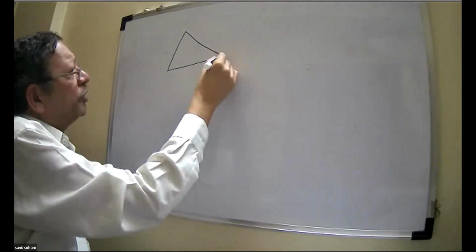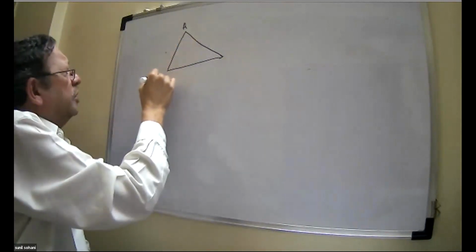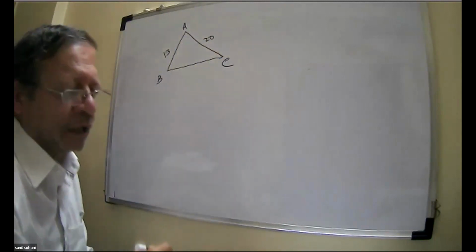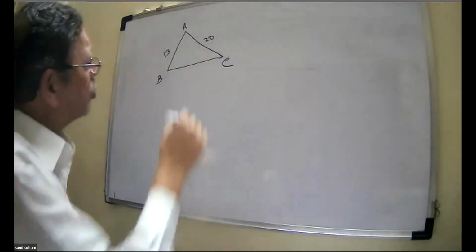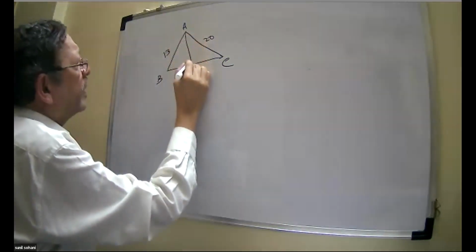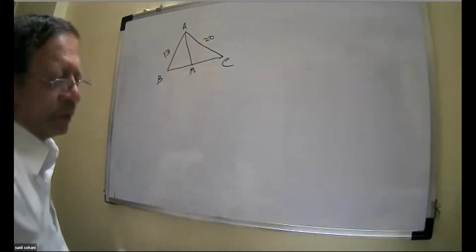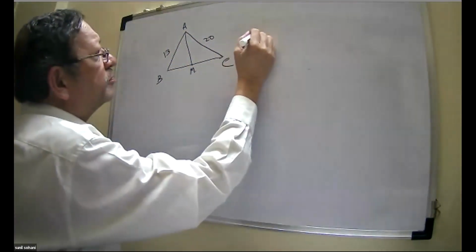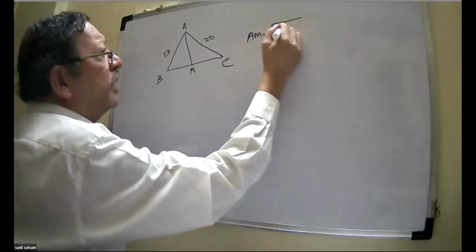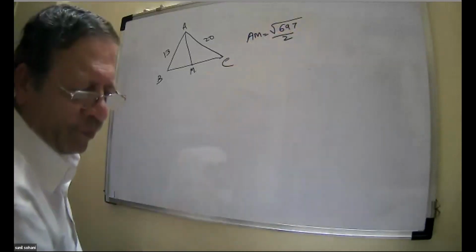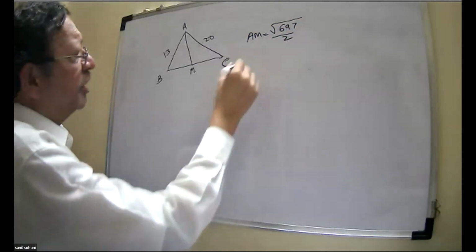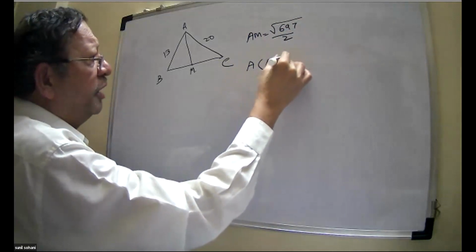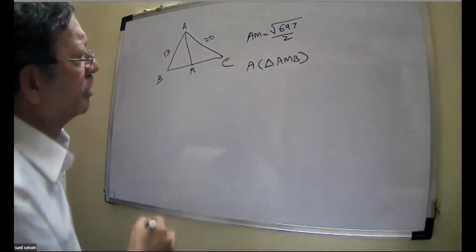As per the question, AB is 13, AC is 20, and the median is drawn from A to M. The value of AM is given as square root of 697 upon 2, and we have to find the area of triangle AMB.